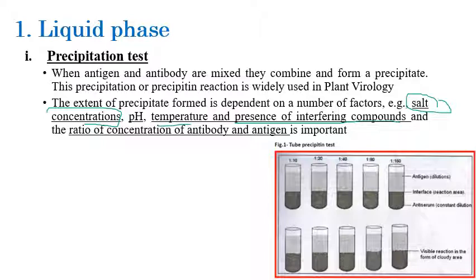These are all the factors that can influence the precipitation test. When we add antigen and antibody, different types of precipitates are formed, based on the factors I mentioned earlier. By using this, we can identify the plant viruses. This is one of the liquid phase tests, that is the precipitation test.